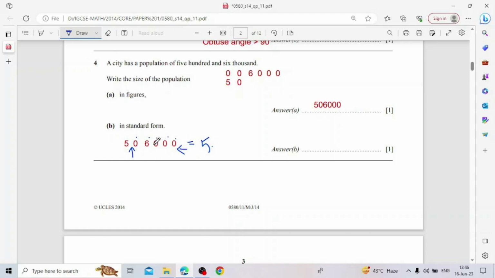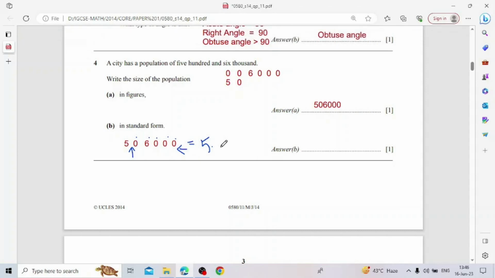Zeros at the right have no value when we take those numbers in 10 raised to the power of. So 5.06 times 10 raised to how many? We got 1, 2, 3, 4, 5.